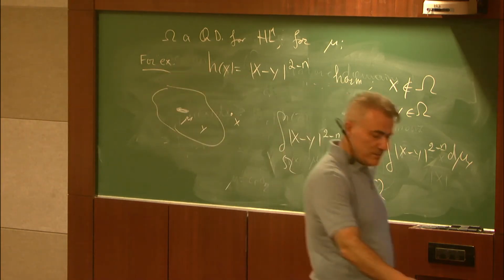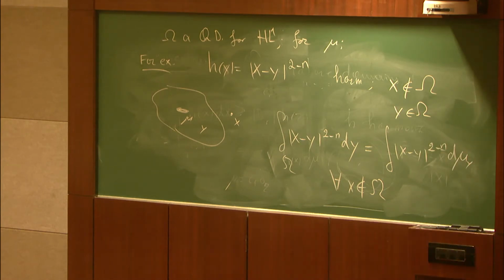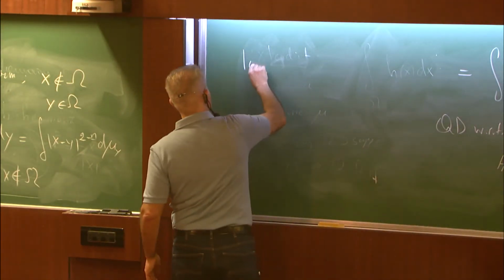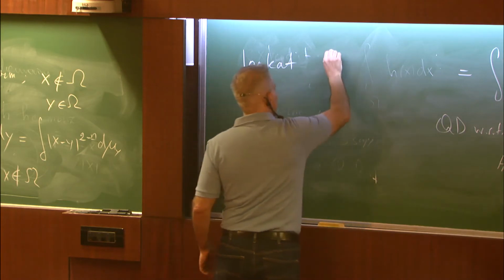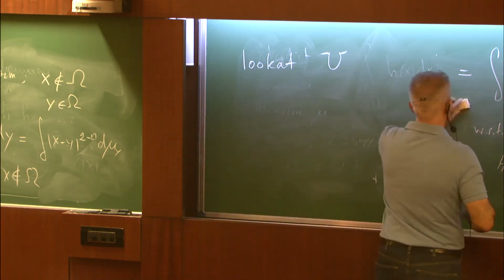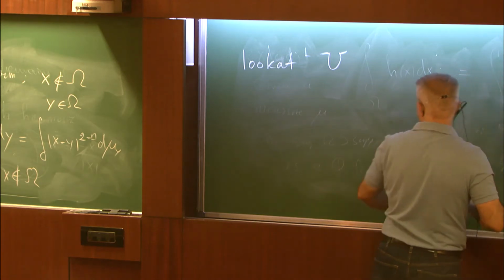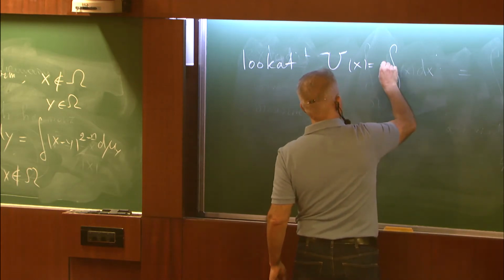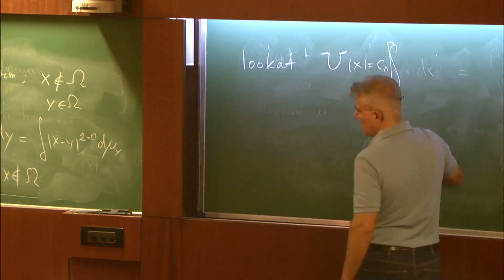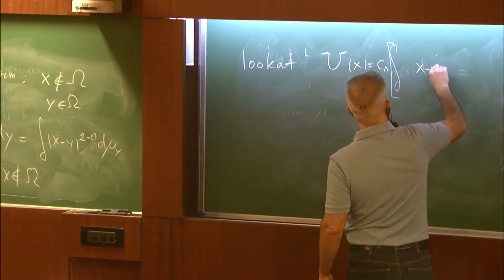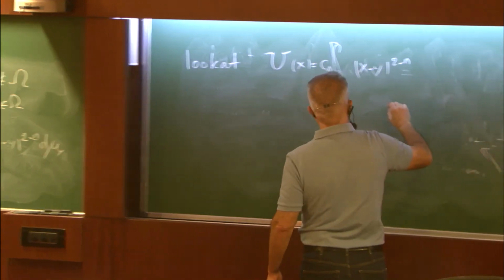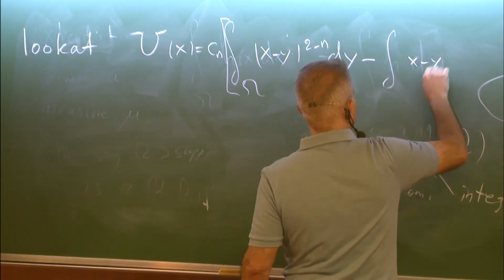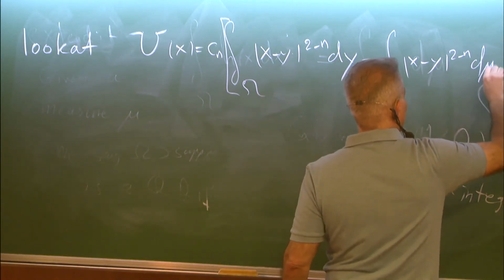So what happens here is that we can look at the function u of x, being the difference of these two functions up to a constant c_n: the integral of |x − y|^(2−n) over omega dy minus the integral of |x − y|^(2−n) dμ, the measure.